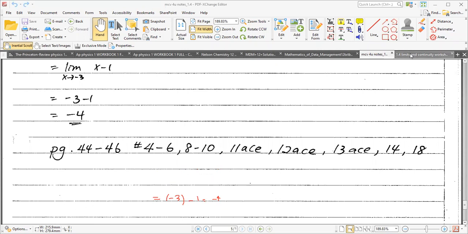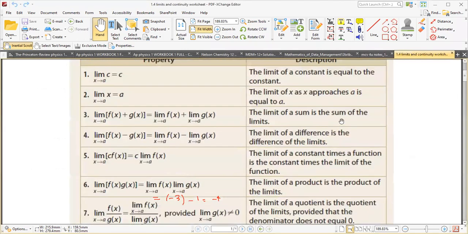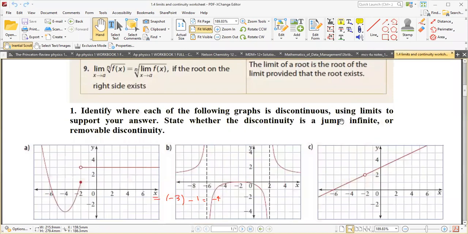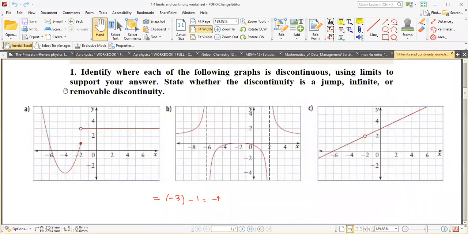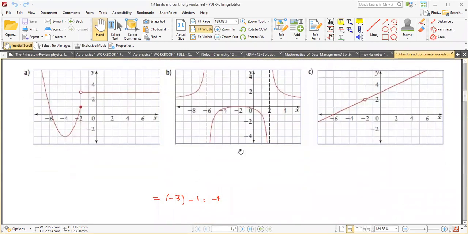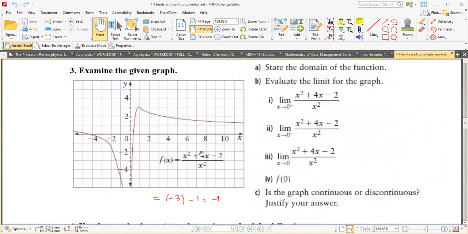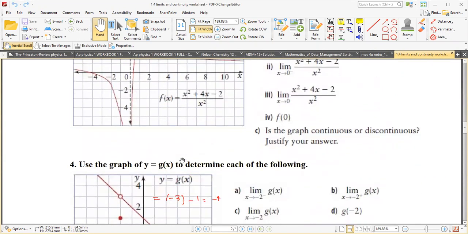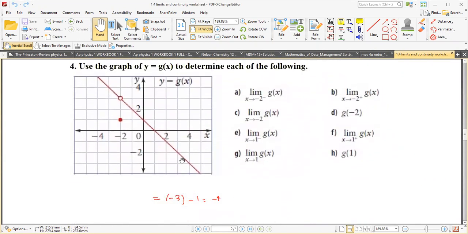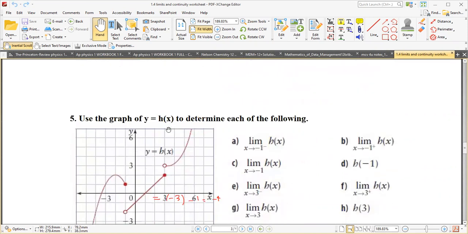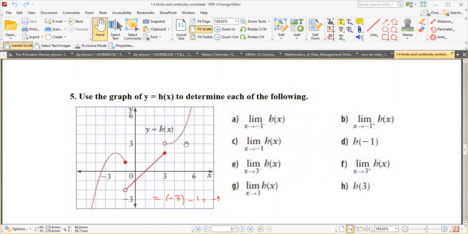Now this is the worksheet that you do. Here, question number 1, the type of discontinuity you need to tell me. Question number 2. Question number 3. Question number 4. Also question number 5.